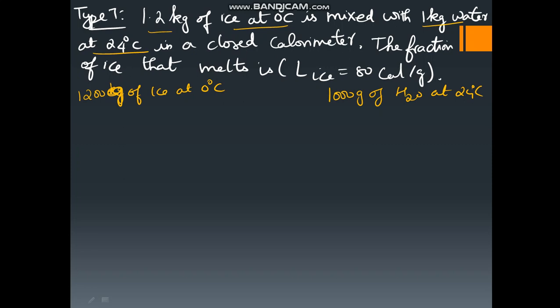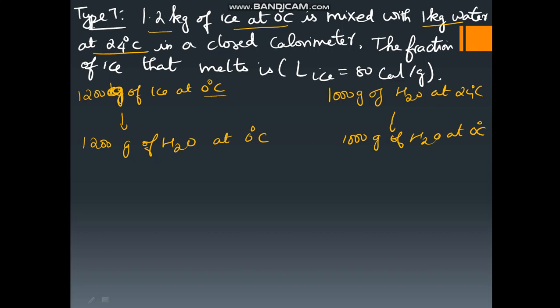Now first step, you want to convert the ice into water at 0 degrees Celsius. So 1200 gram of water at 0 degrees Celsius, and this side 1000 gram of water at 0 degrees Celsius.